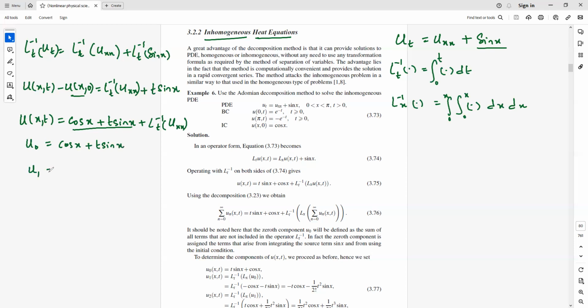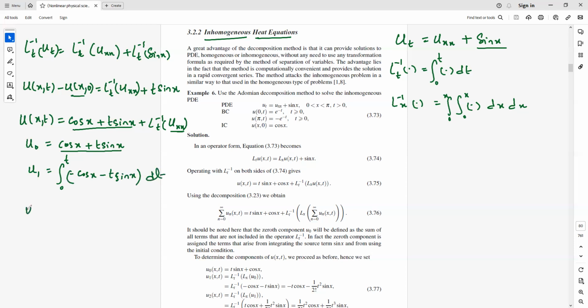Then u_1 is the integral from 0 to t of the function, but we have to differentiate it twice because inside we have u_xx. If we differentiate this, we get negative cosine x minus t sine x.